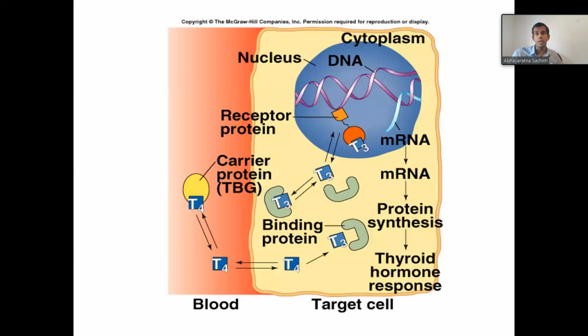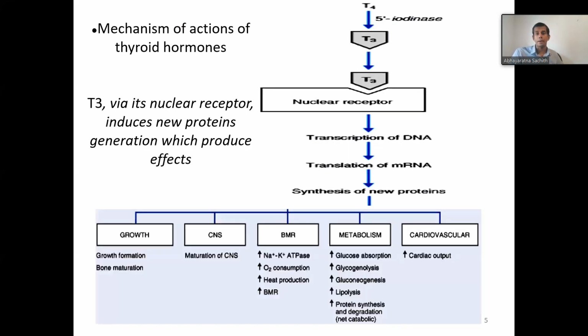The thyroid hormones travel to the nucleus and cause changes in gene transcription. By way of that, they control major processes in the body. Almost all cells will utilize these thyroxine hormones. It is involved in growth, central nervous system maturation, controlling your basal metabolic rate, glucose, lipid and protein metabolism, and there are a lot of cardiovascular effects related to the thyroxine hormones.